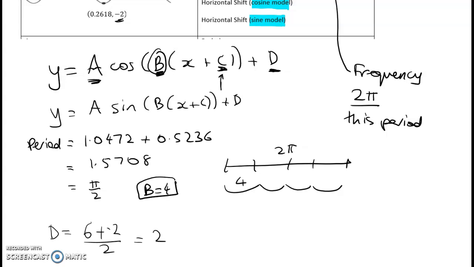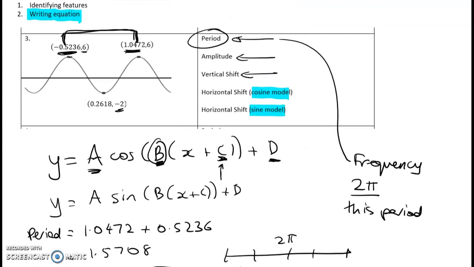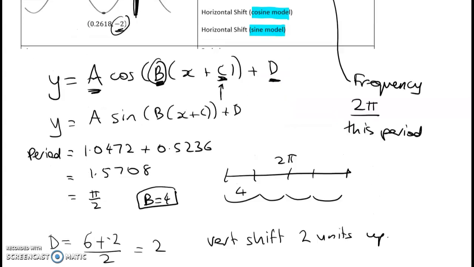So my vertical shift is 2 units up. Next, the amplitude, which is the distance from the midline up to the top. That distance will be 6 minus 2, so 4. We can see that the full distance there is 8, from -2 up to 6, so the amplitude is half of that.